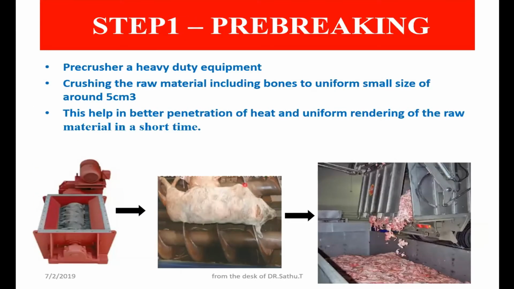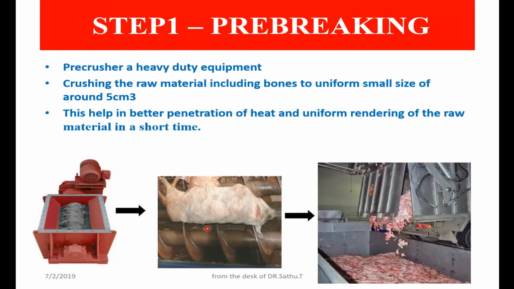So what is a pre-breaker? The pre-breaker or the pre-crusher is nothing but heavy duty equipment. This equipment is used for breaking the large bones or the large carcasses into small pieces, of size around 4 to 5 centimeter cube, or 2 centimeter cube. Why should it be broken down?